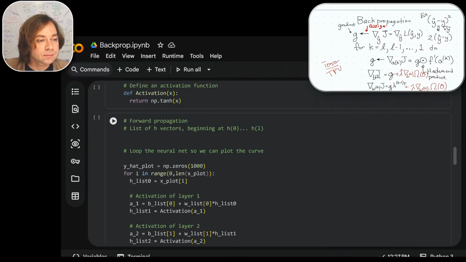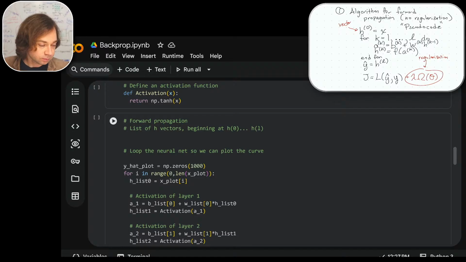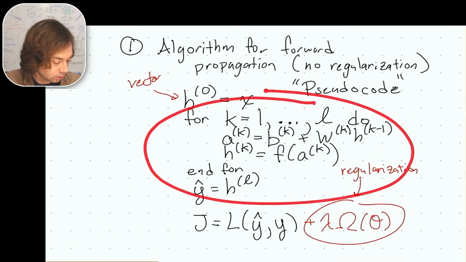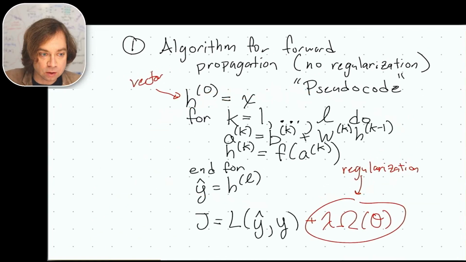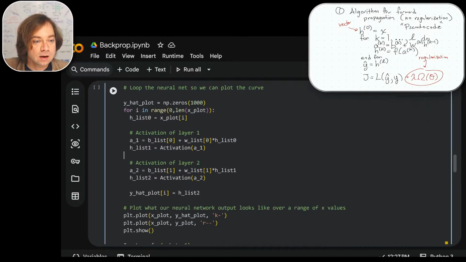So we've got our forward propagation algorithm, where we are looping through this loop right here. That's what we see in the code, the forward propagation. We are taking our weights and our biases and the output of a previous layer, and we shove it through an activation.